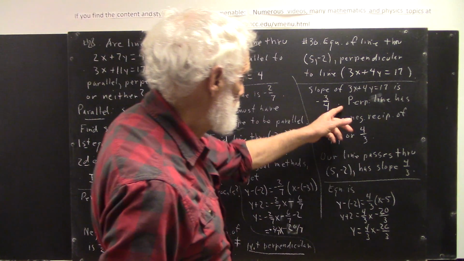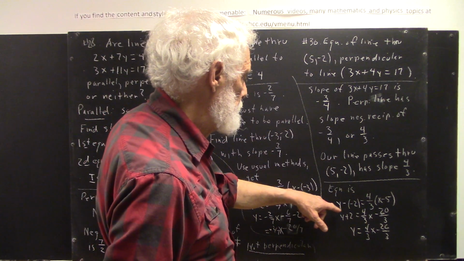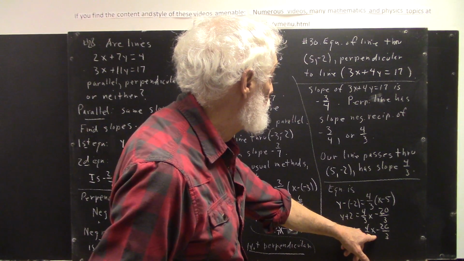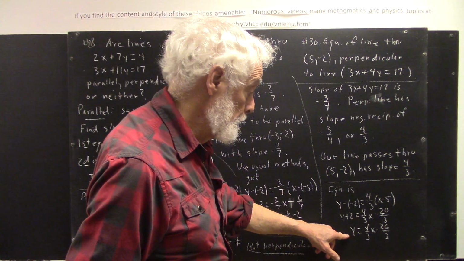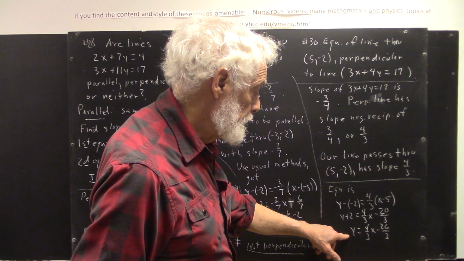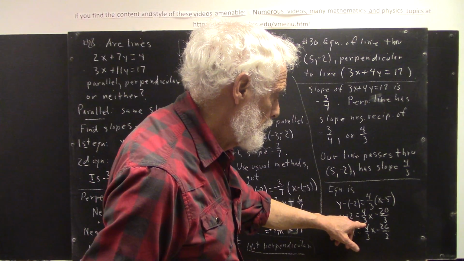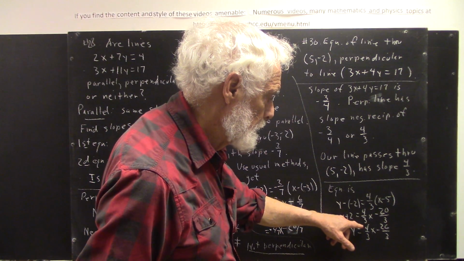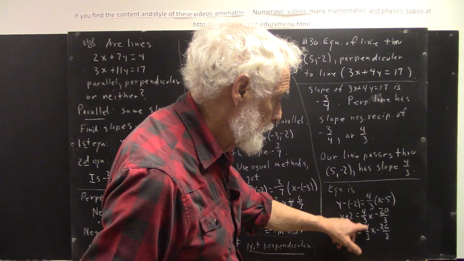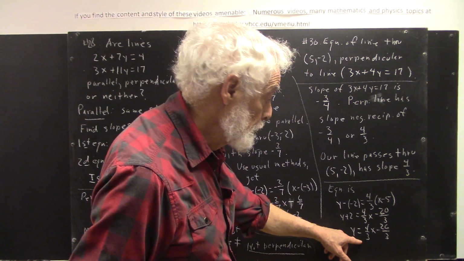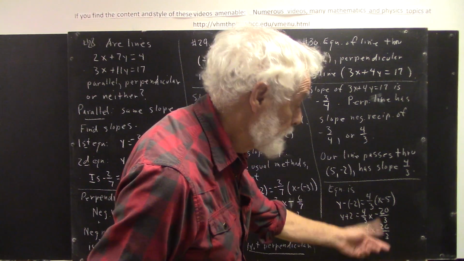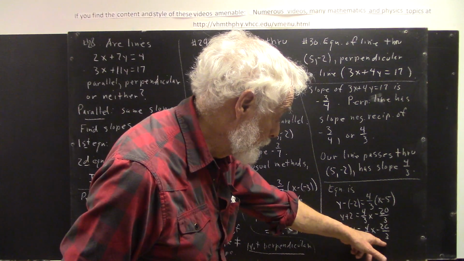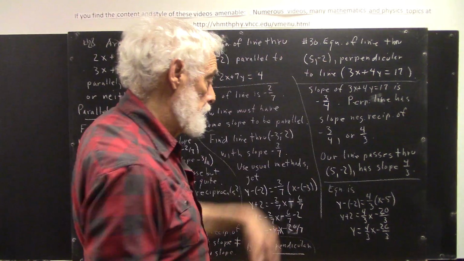Okay, we think the slope is right. Verifying that if we plug in x equals 5, we're going to get y equals negative 2. Well, if x equals 5, then 4/3 x is 4 times 5 over 3, 20/3. 20/3 minus 26/3 is negative 6/3, and negative 6/3 is negative 2, so this checks.